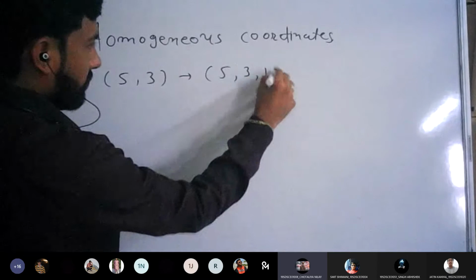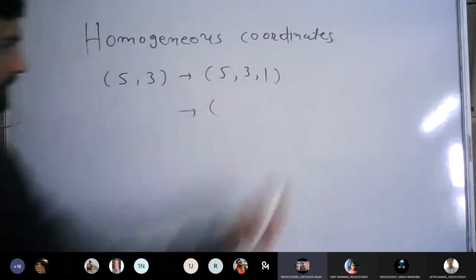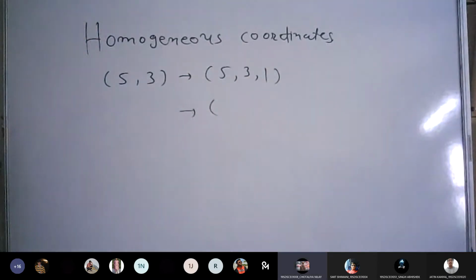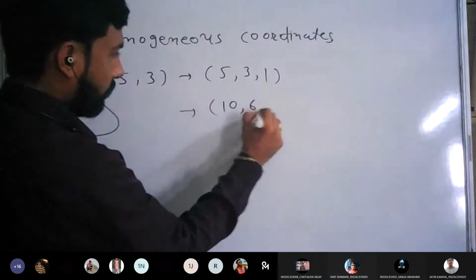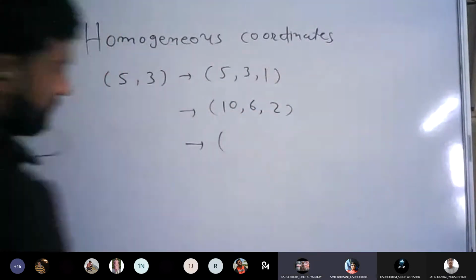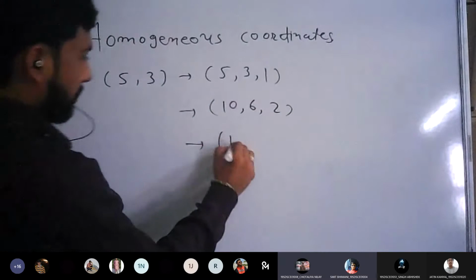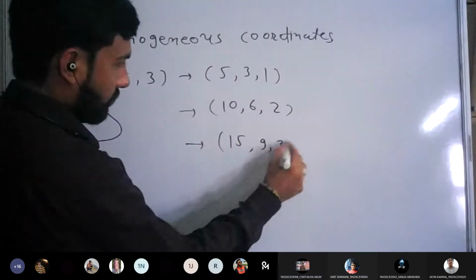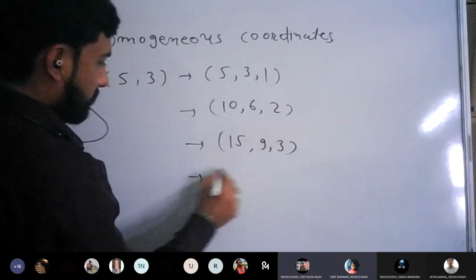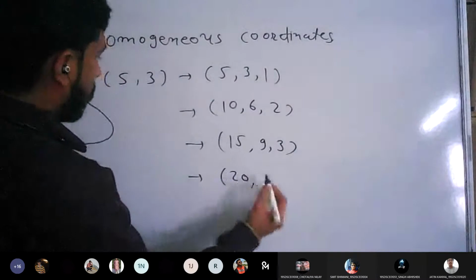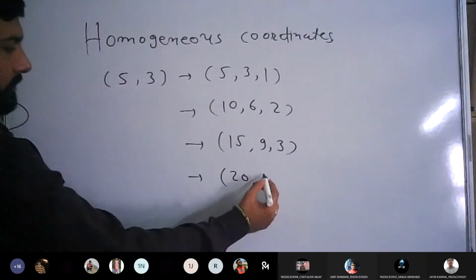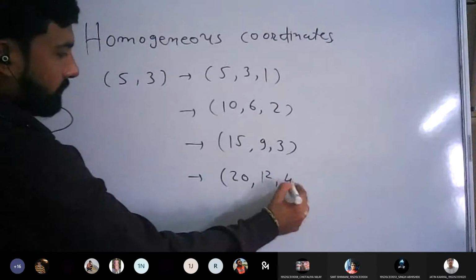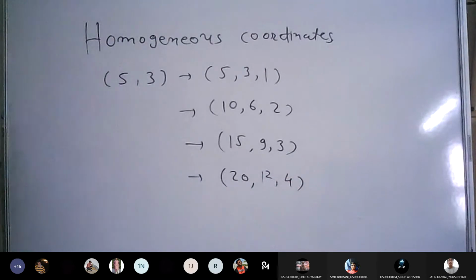For h equal to 2, it is 10, 6, 2. Very good. Then 15, 9, 3. Very good. Then 20, 12, 4. Correct. And for 5, it would be 25, 15, 5.